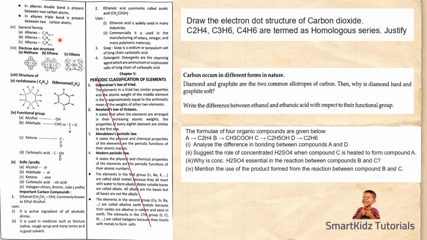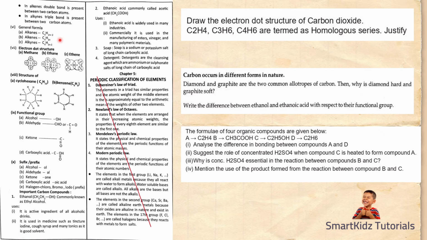In other words, you should know the electron dot structure. For that, you should follow page number 60, which shows you the triple bond formation, double bond formation, single bond formation, and a molecule of hydrogen. Know about that.